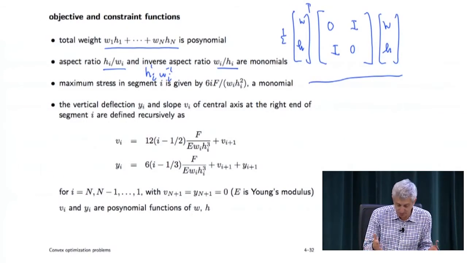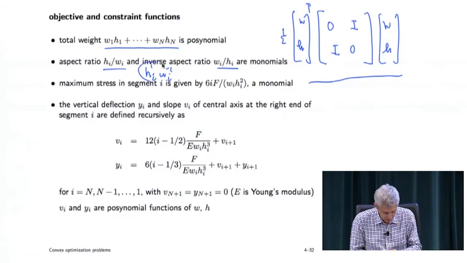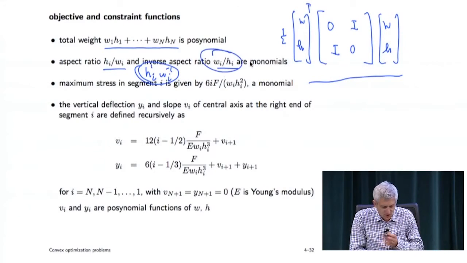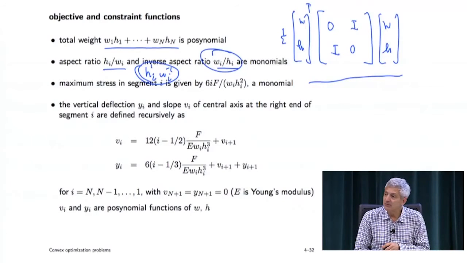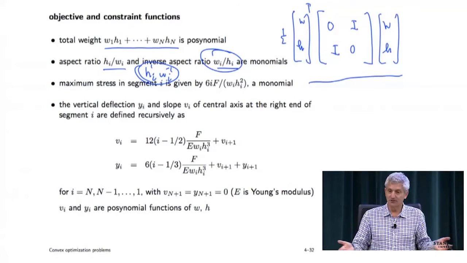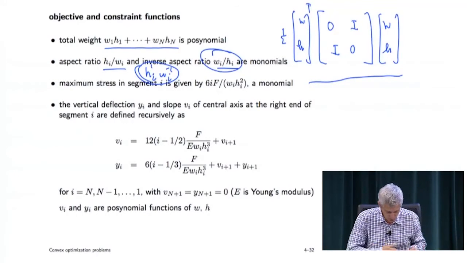So those are monomials. Therefore, they're also polynomials. For example, if I tell you that the aspect ratio has to be limited to no more than 3 to 1, I can write hi over wi is less than 3. That is the same as 1/3 hi over wi less than 1, and that's a monomial constraint.